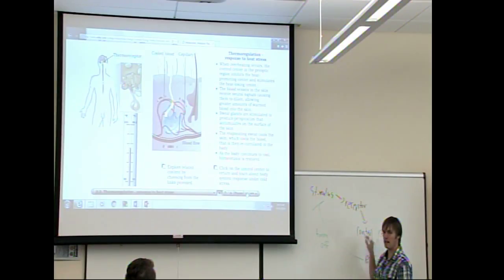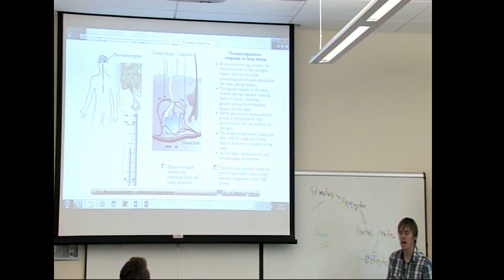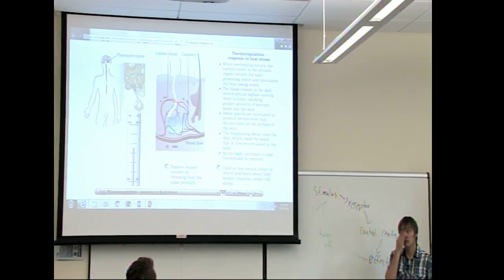Control center is hypothalamus. What's the effector? So dilating, and then your blood flow increases and you perspire. Okay, so it's not perspiration, but the evaporation of it. But what actually does it? It's cooling. The sweat glands. So the effector is the sweat gland.